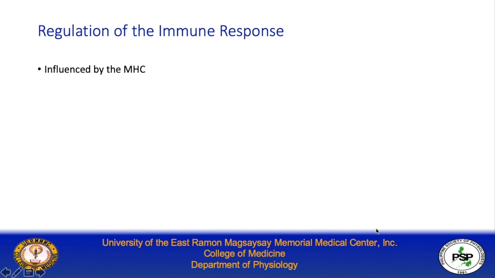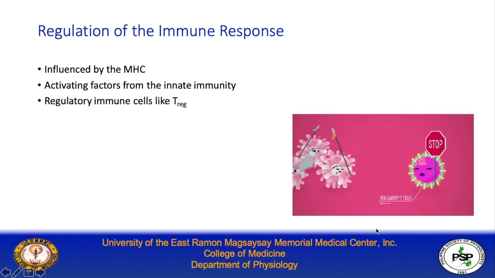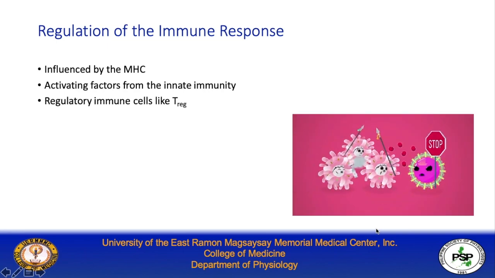Aside from that, there should be an expression of the co-stimulatory proteins. There could also be release of activating factors from the innate immunity, which would activate the cells in the adaptive immunity. And there are regulatory immune cells. Of these, the most important would be the regulatory T cells.